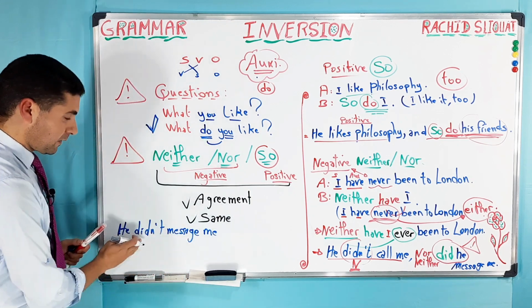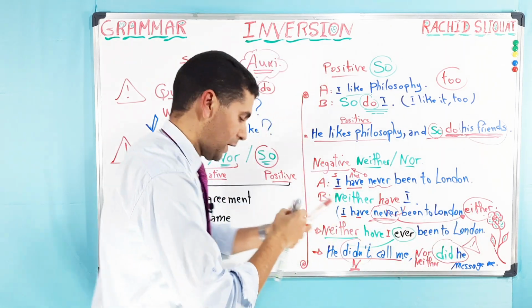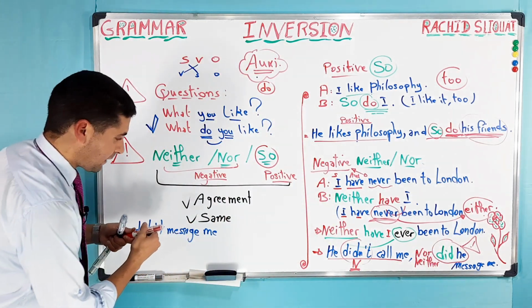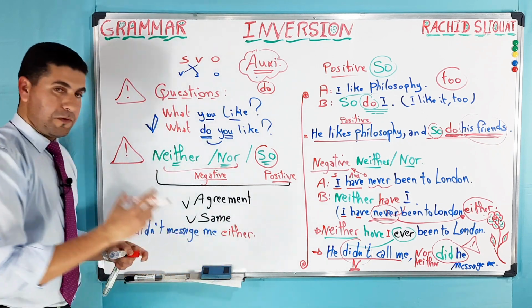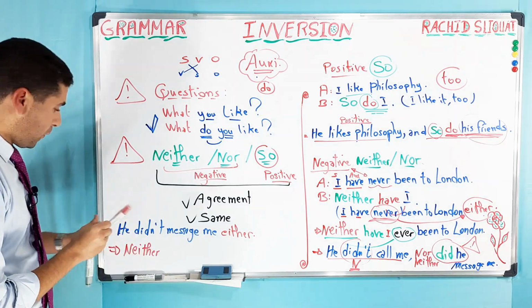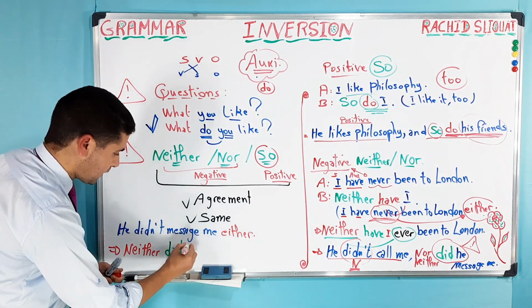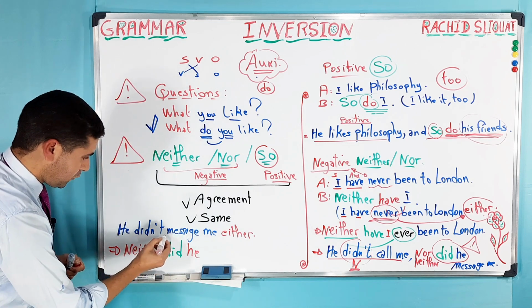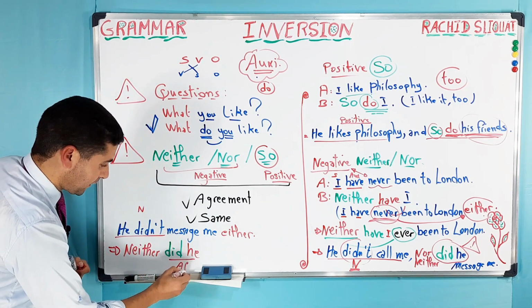And as you can see, this is negative. In negative, we always use either. Okay, better. So he didn't message me either. Okay, full stop. Now, if I ask you to rewrite this sentence with neither, we can say neither did he. Neither did he. And as you can see, here we have negative and it becomes affirmative.